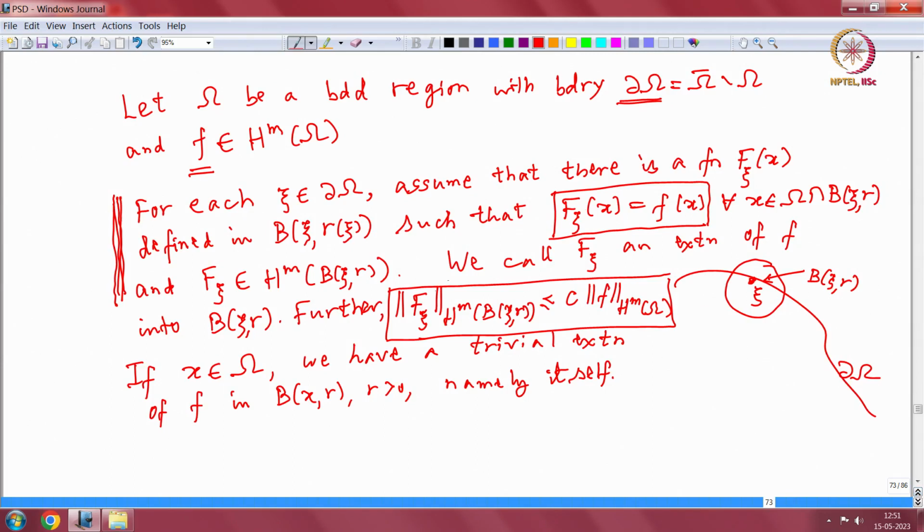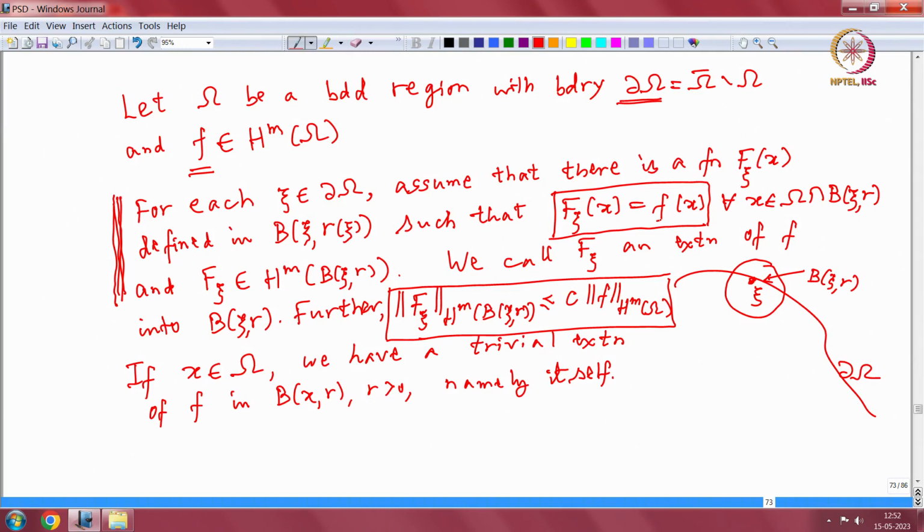With this assumption, if for every point on the boundary we have an extension of the given f into a small ball around that point with this estimate, then we obtain an extension of f in the whole domain.